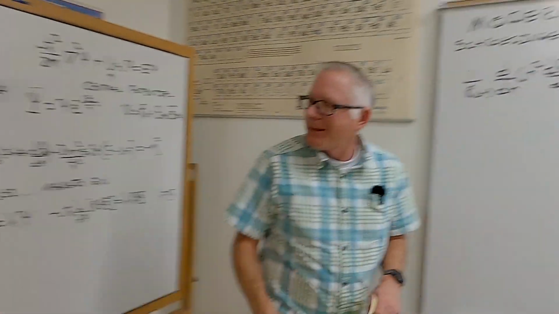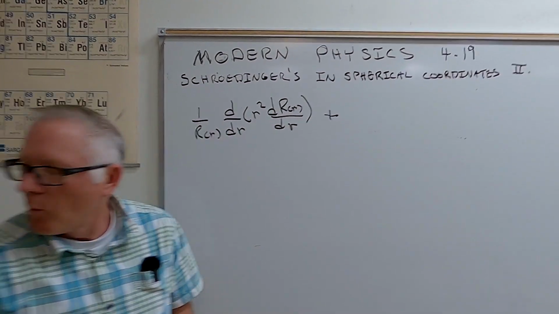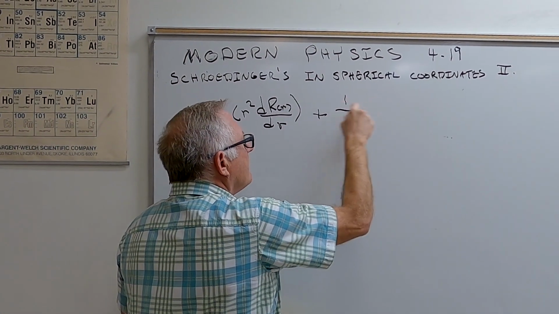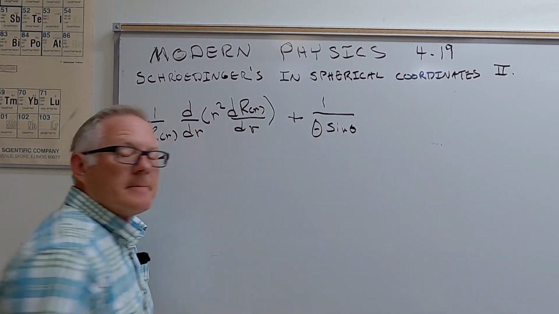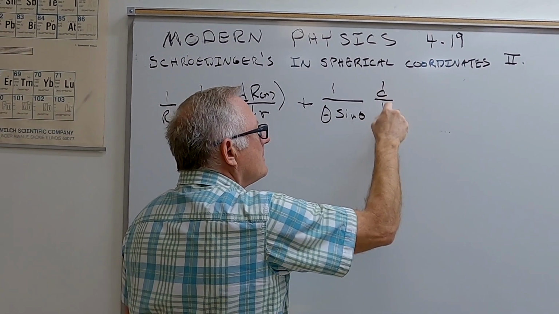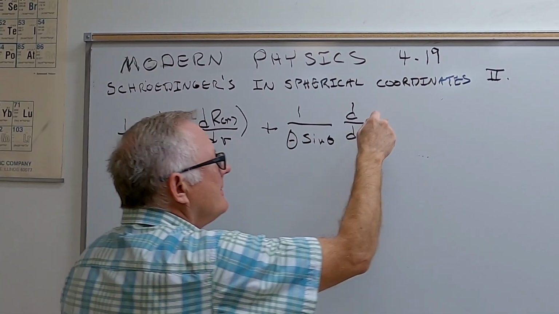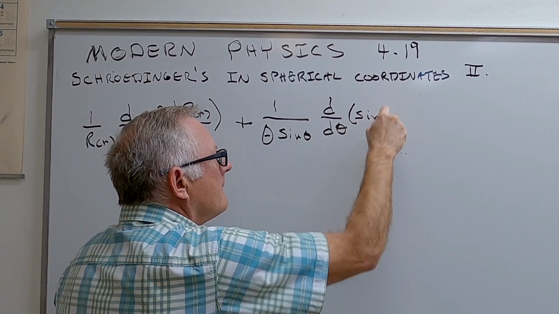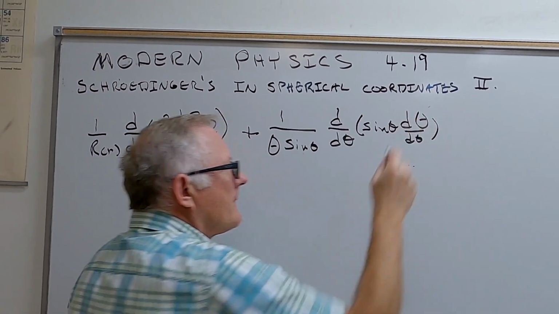So we got plus 1 over big theta sine theta, d d theta of sine theta d big theta d theta. Okay, that takes care of this term.